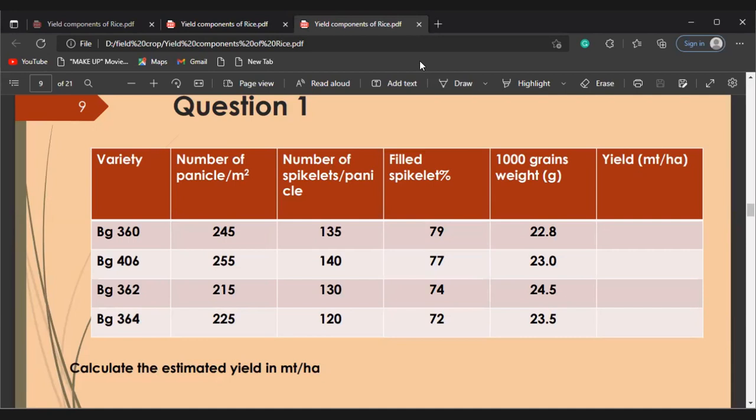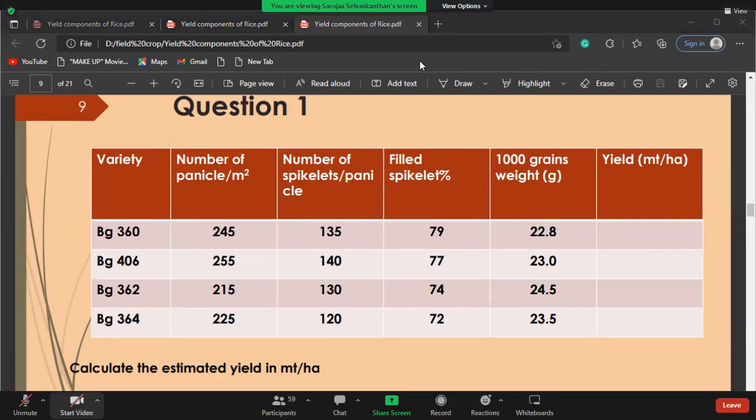Battalagoda, which means that the variety was released from Battalagoda.